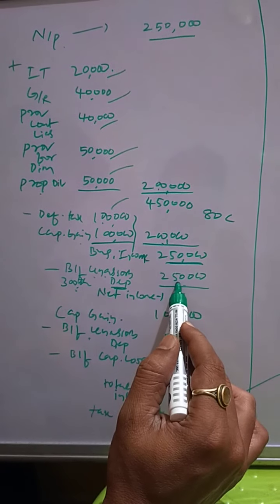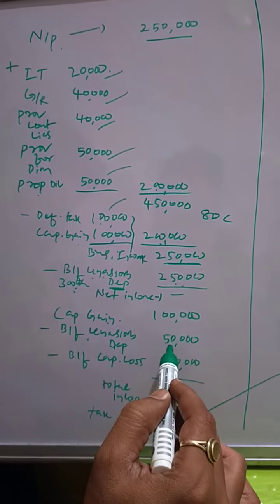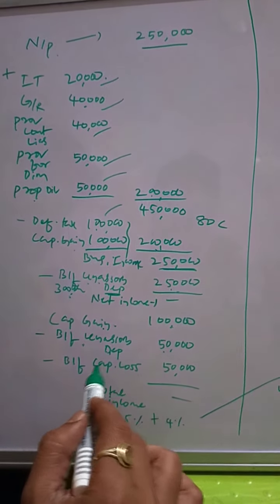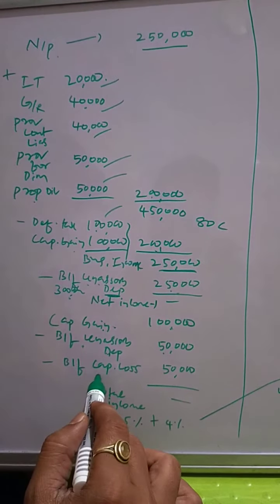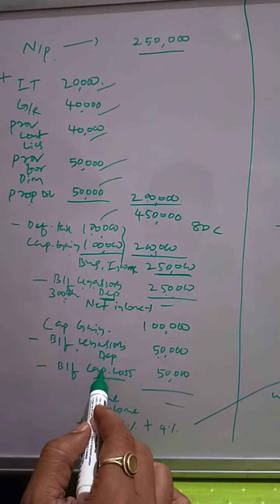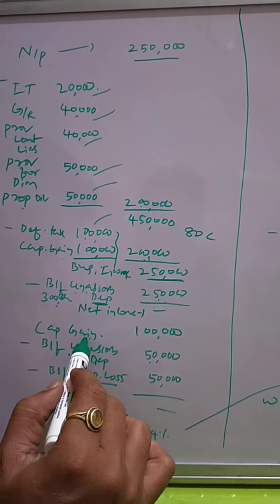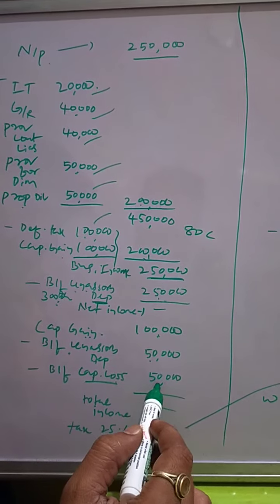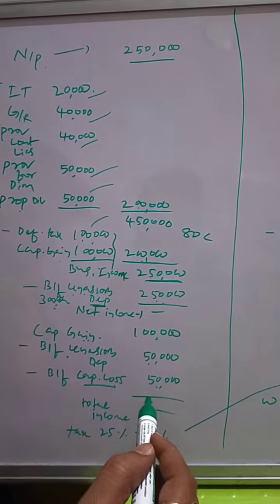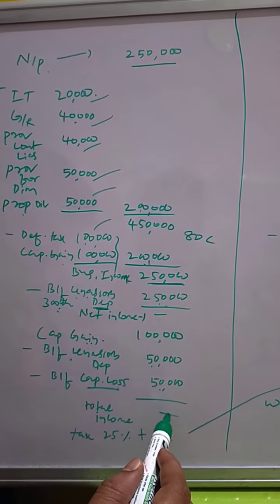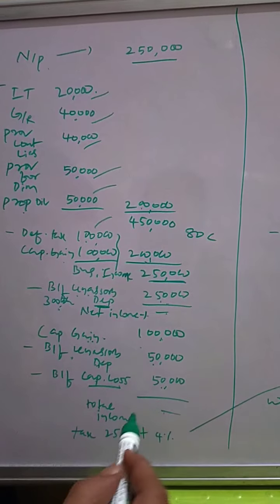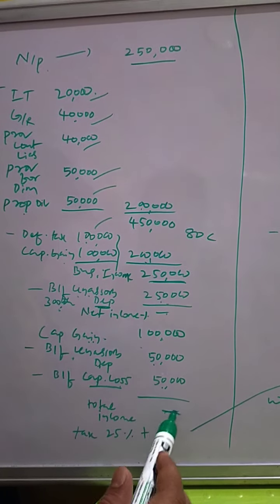Of that, 2,50,000 you have claimed already, so the remaining 50,000 you can claim under capital gain. Next, brought forward capital loss, which they have given in the adjustments. Capital loss can be deducted from capital gain, so that is 50,000. By doing all these exemptions, the total income becomes nil. Net income is nil, capital gain is nil, so total income is nil.